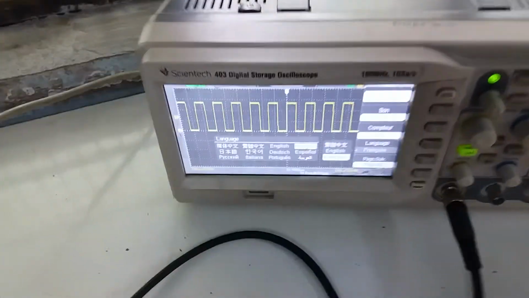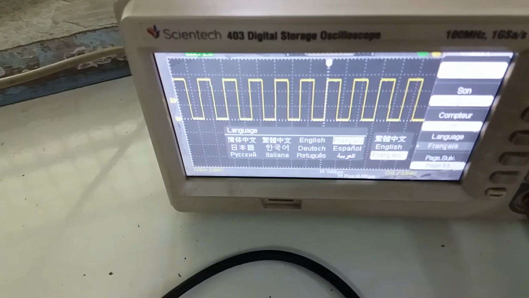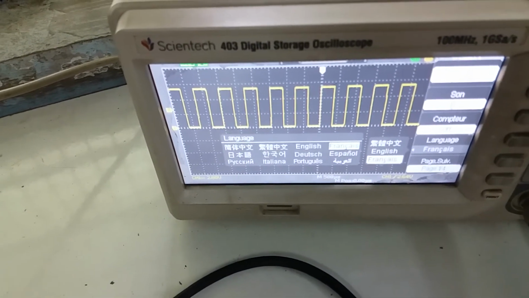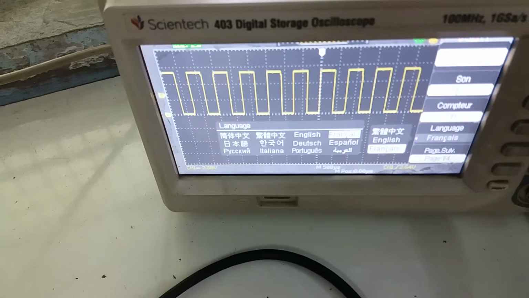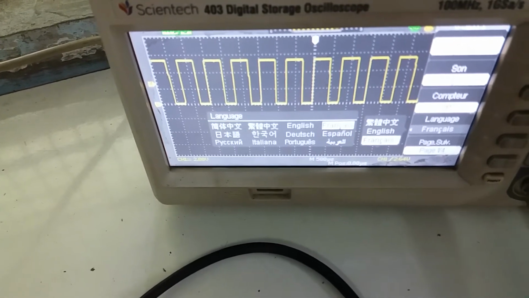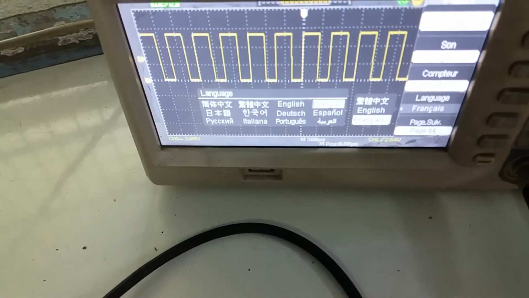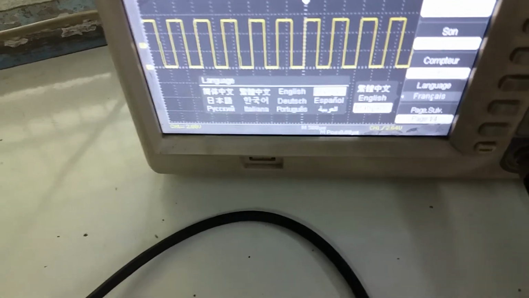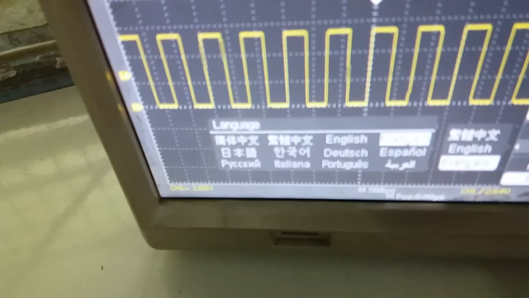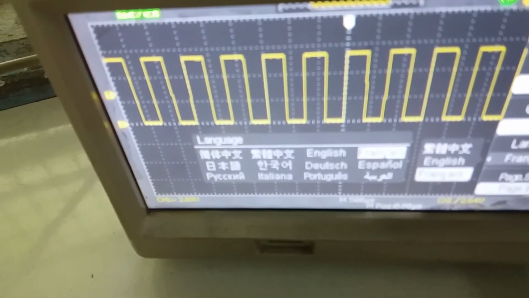For example, you can look at this output waveform. I am varying the duty cycle, and you can see the total time never varies; either the on time varies or the off time varies. Look closely. You note down how many lines one cycle consists of.